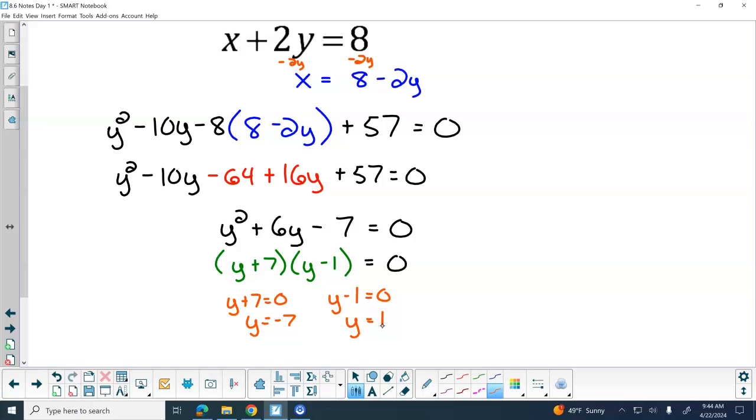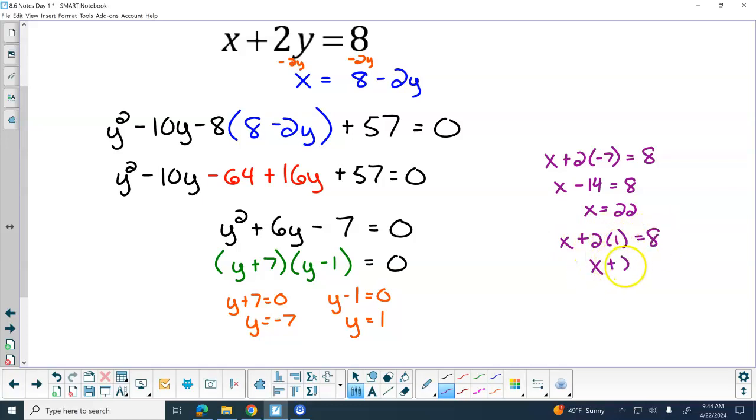Plug back in. What do we got? We got x plus 2 times negative 7 has to equal 8. So that's x minus 14 equals 8, so x equals 22. And x plus 2 times 1 equals 8. So that's x plus 2 equals 8, so x equals 6.